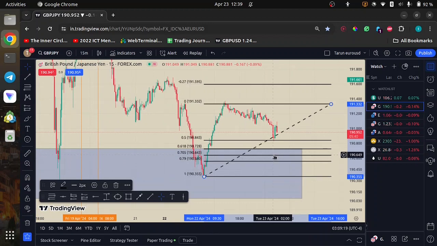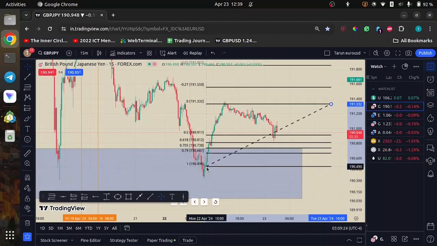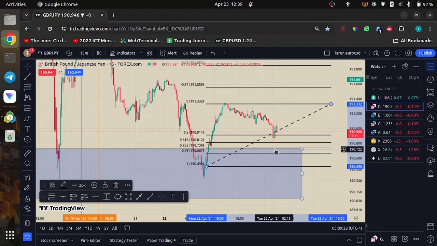This level I have taken, on this level I have taken TP1. Let's see.